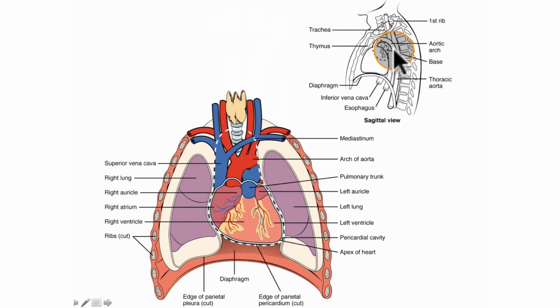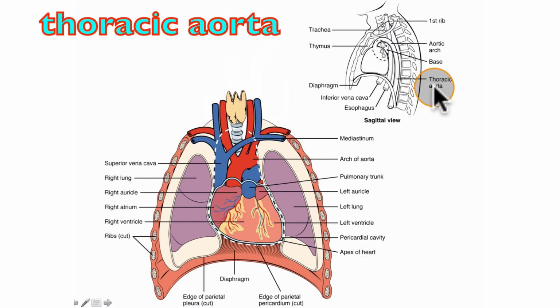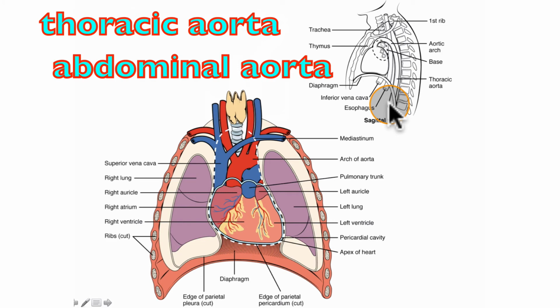Once it starts descending from the aortic arch, it's known as the descending aorta. The portion of the descending aorta above the diaphragm is known as the thoracic aorta, and the portion of the aorta inferior to the diaphragm is referred to as the abdominal aorta.